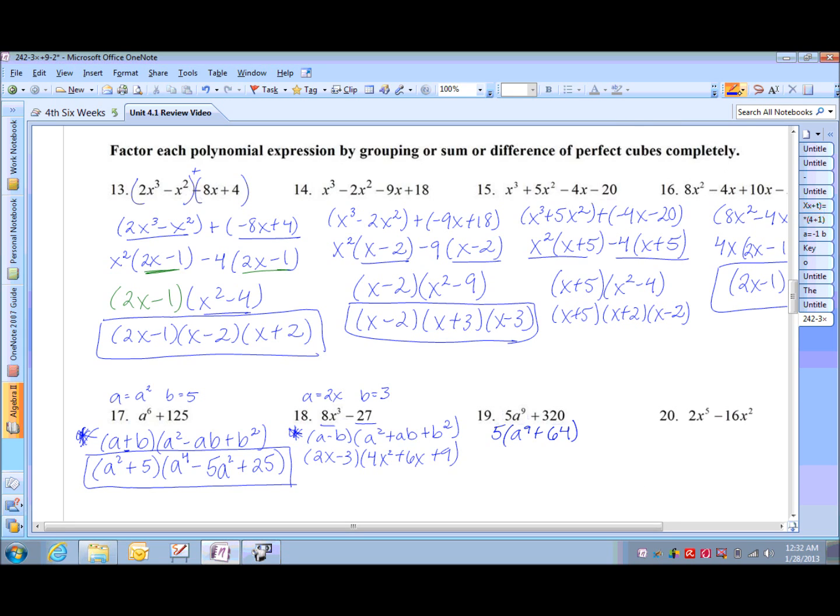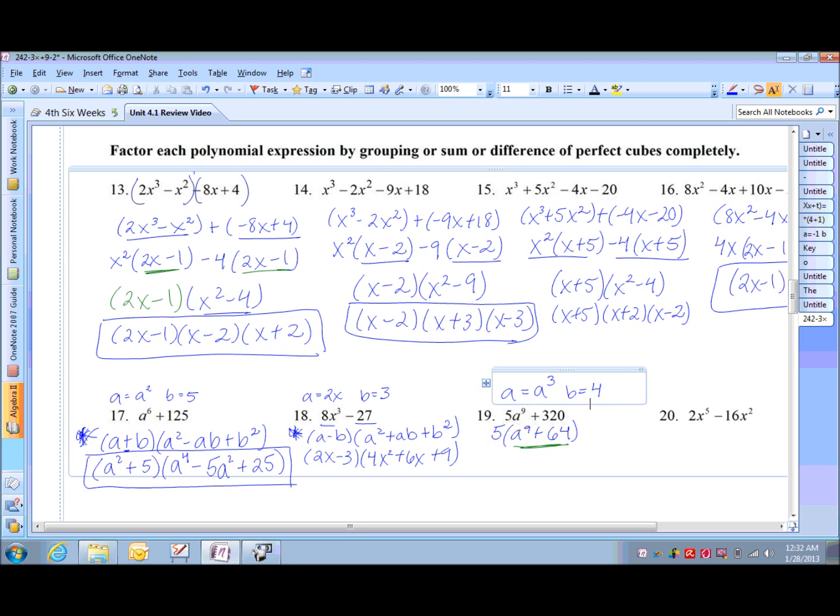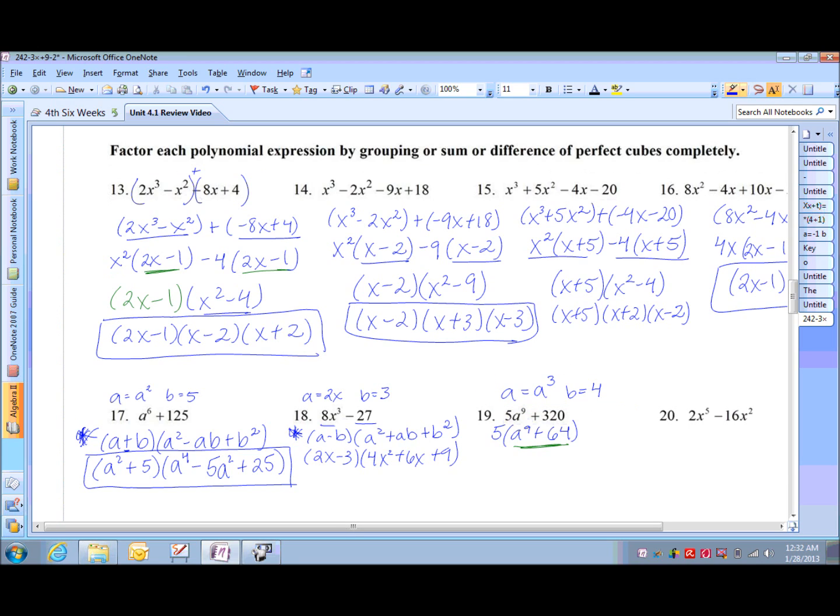Okay, so now you should notice that we have a sum of perfect cubes. The cube root of a to the 9th is a to the 3rd, so our a value is a cubed here. And the cube root of 64 is 4, so our b value is 4.